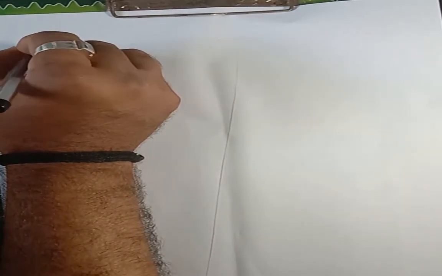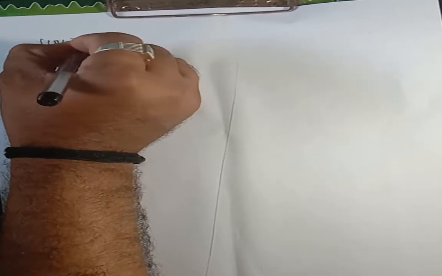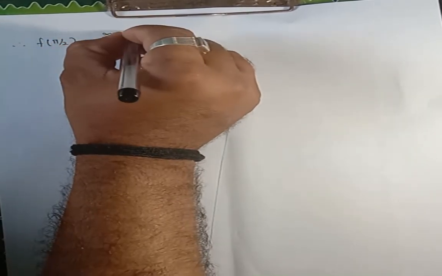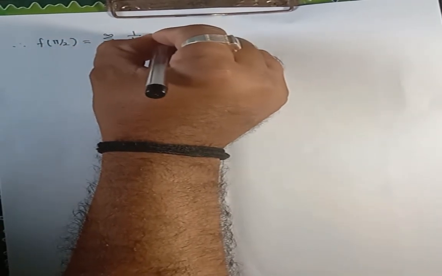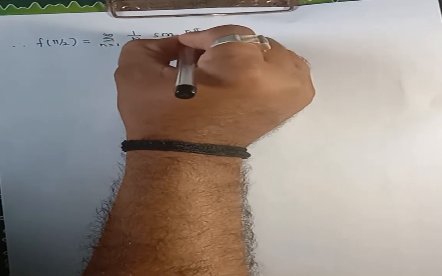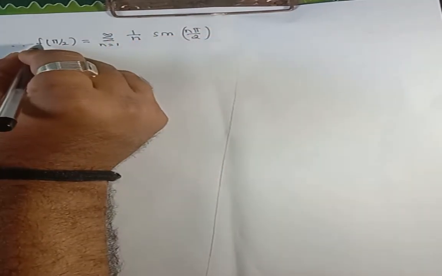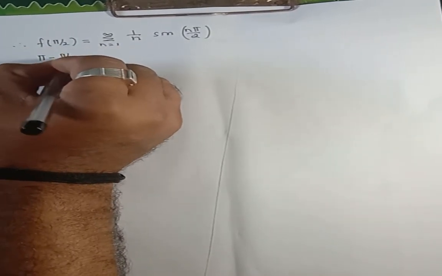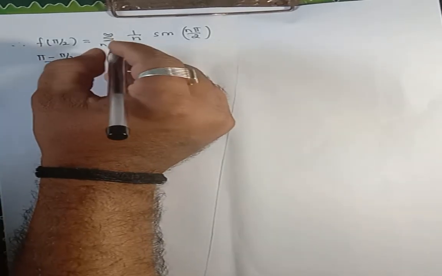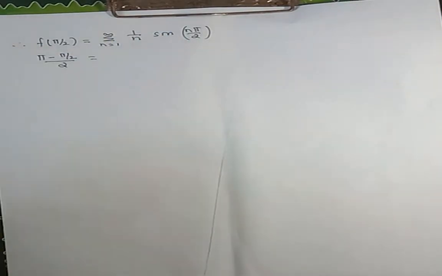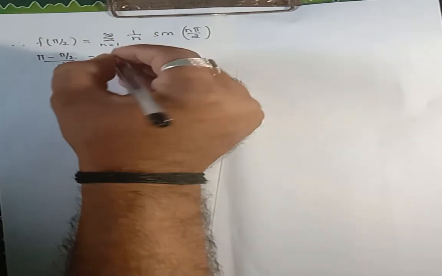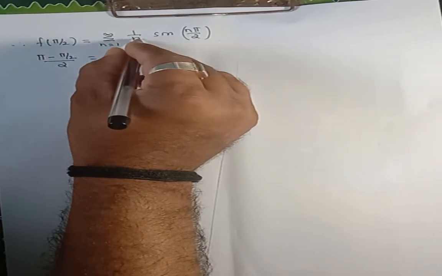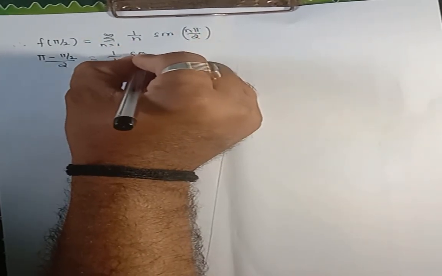So f of pi by 2 is equal to summation n from 1 to infinity of 1 divided by n sine n pi divided by 2. Here f of x is pi minus x divided by 2. So apply the summation, put n is equal to 1, 2, 3. For n is equal to 1 you get 1 divided by 1 sine pi by 2.